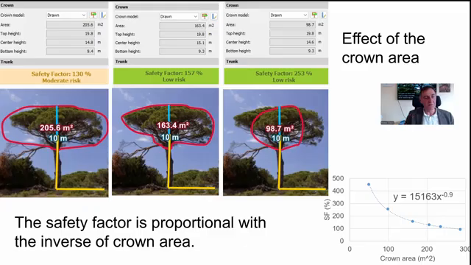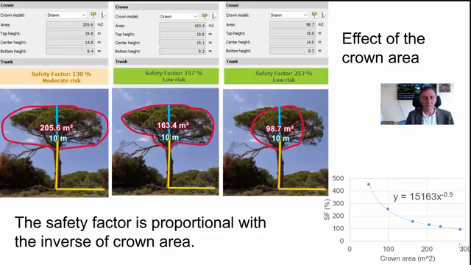The crown area is above 200 square meter, in the middle 160, and on the right I reduced it to less than 100 square meter. And of course I did much more drawings, and on the bottom you see how the safety factor is influenced by the crown area.